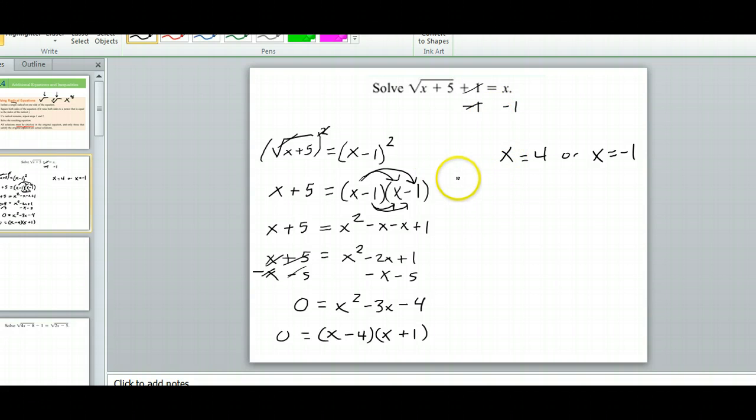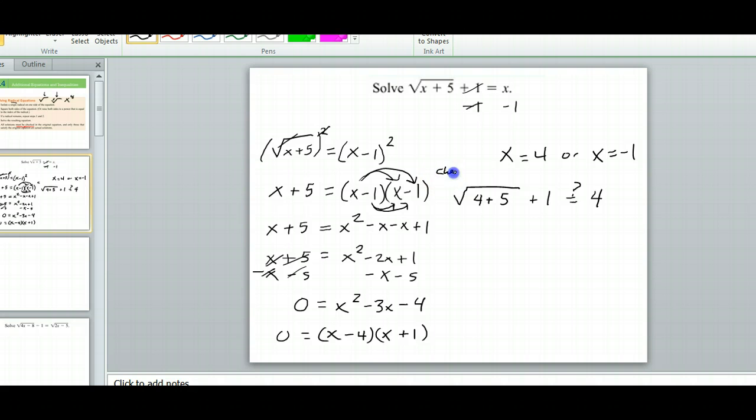So let's check 4. If I plug in 4, I get the square root of 4 plus 5, plus 1. Is that equal to the original x? We're saying x is 4. We're just plugging in this 4 everywhere there's an x in the original.